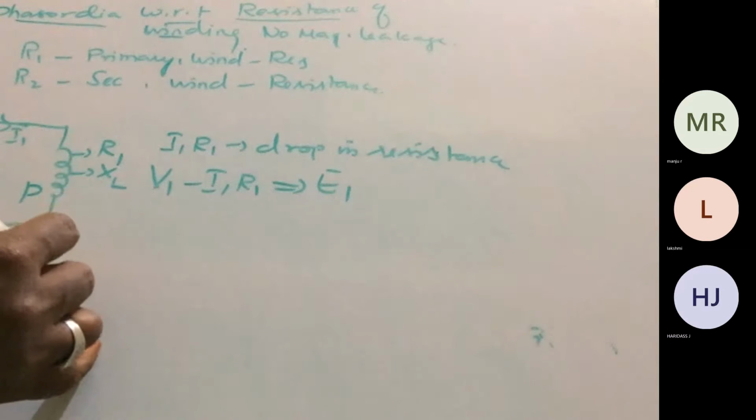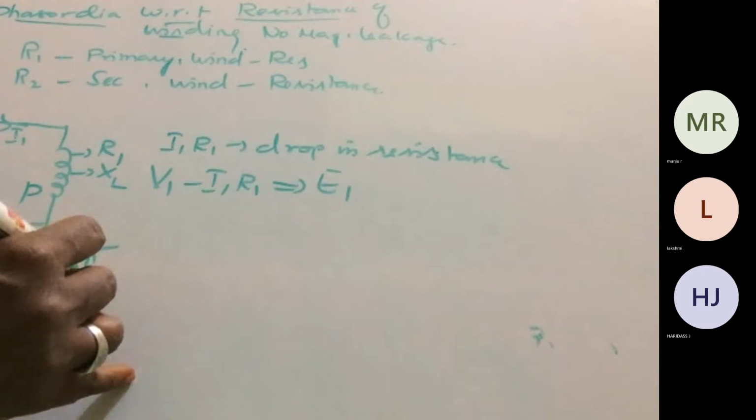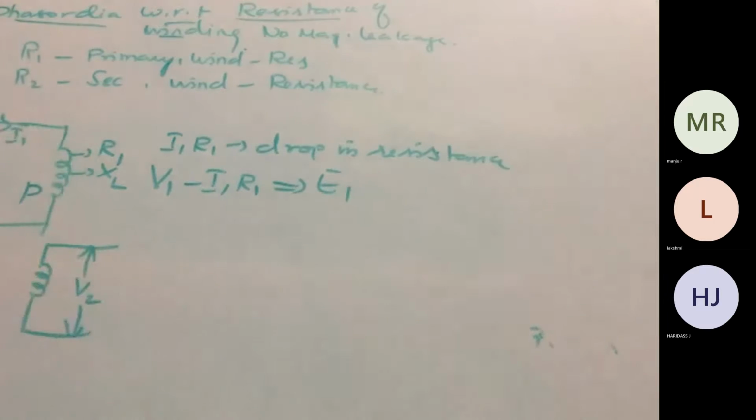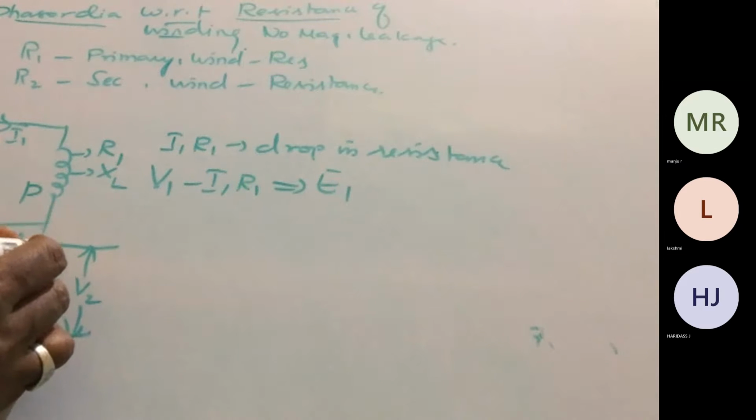Similarly, can you tell what is V2? V2 is the terminal voltage. Initially, EMF is developed in the secondary winding because the flux phi1 in the primary links the secondary, so there is a change in flux in the secondary and EMF is induced.